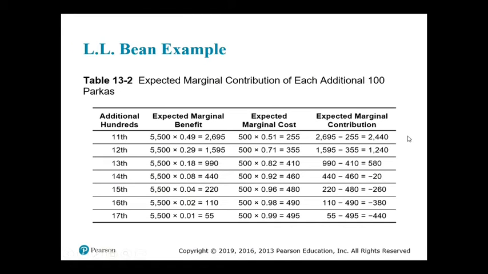Comparing to the baseline, the expected marginal contribution from each 100 unit increment is going to be this much. Okay? So then based on this table, can you tell me how much should we order?